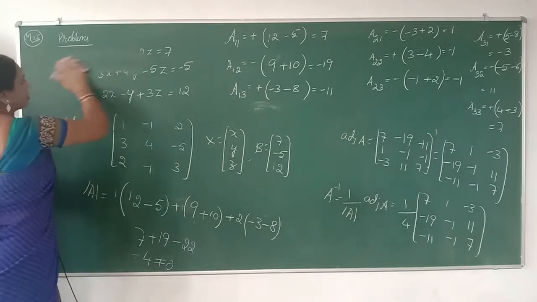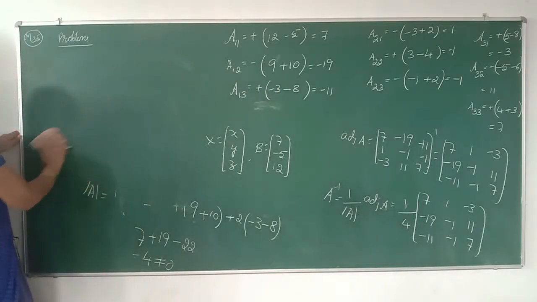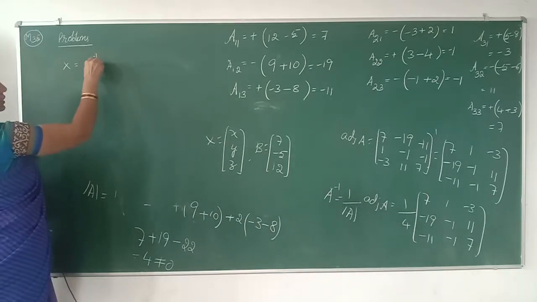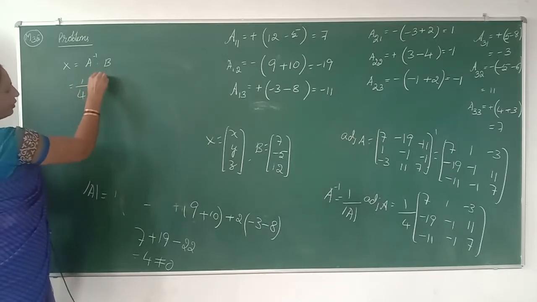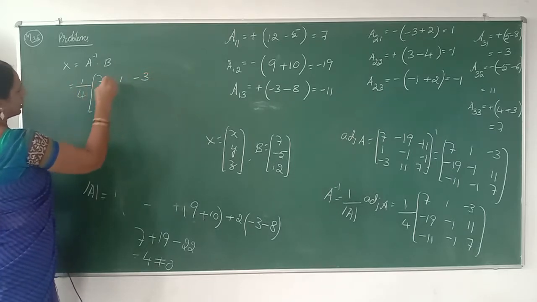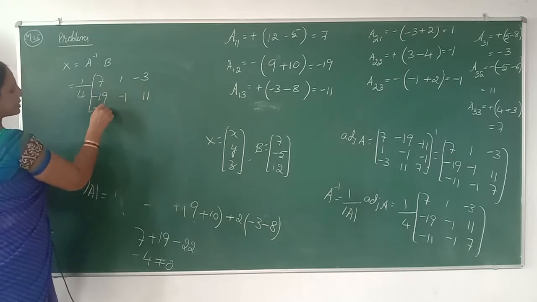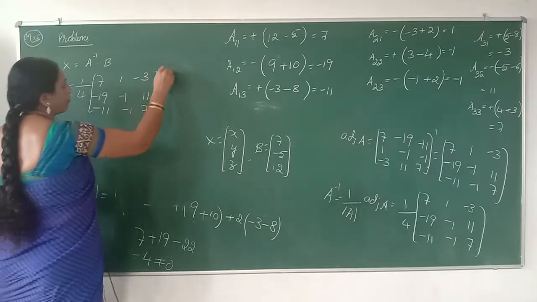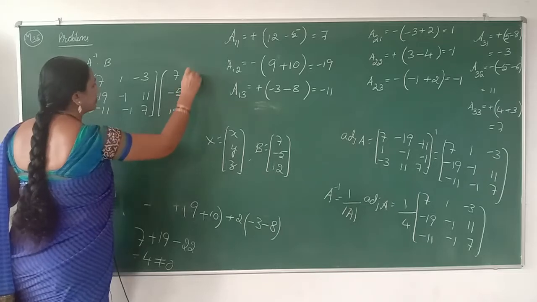Then by using the solution, X is A inverse into B. X is equal to A inverse into B, where A inverse is 1 divided by 4 of 7, 1, minus 3; minus 19, minus 1, 11; minus 11, minus 1, 7, into the elements of B: 7, minus 5, 12.